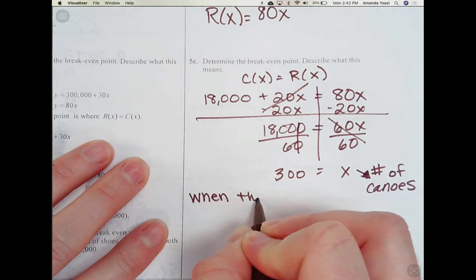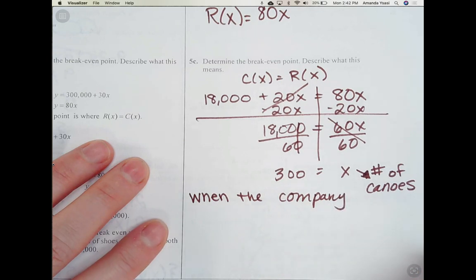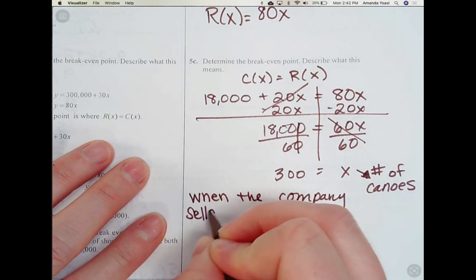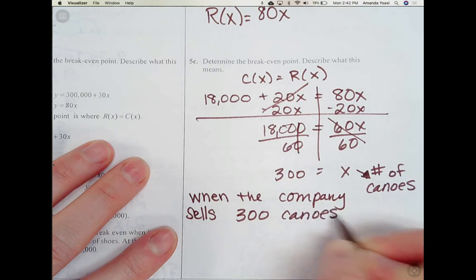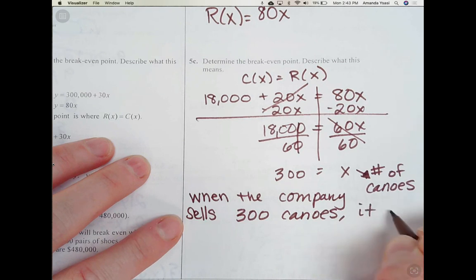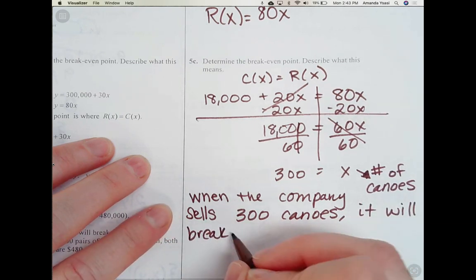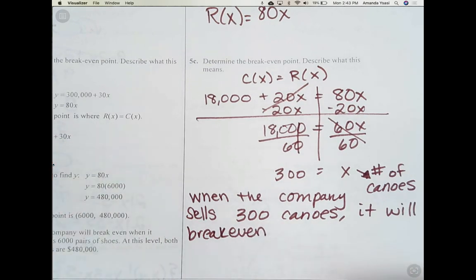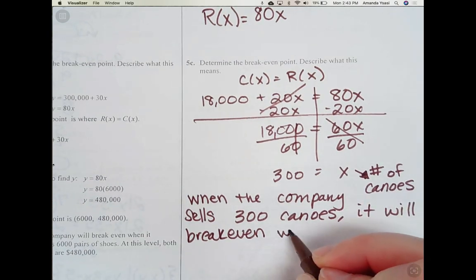When the company sells 300 canoes, it will break even. It'll break even with cost and revenue.